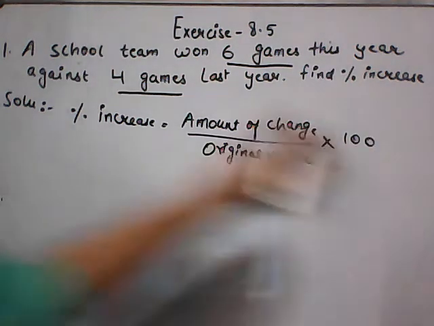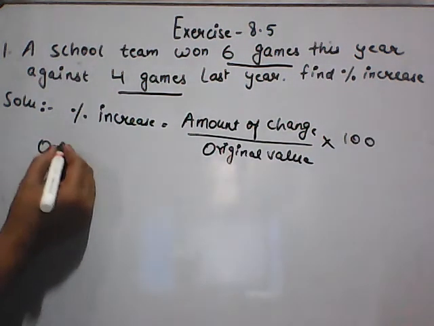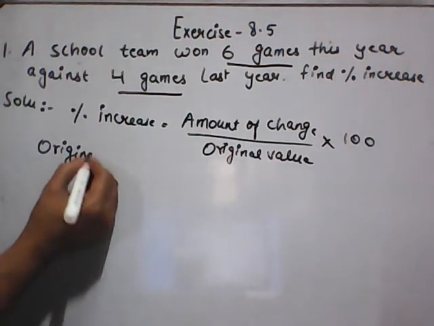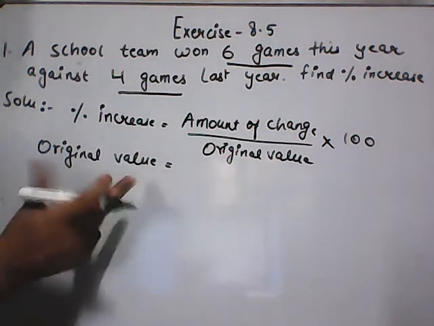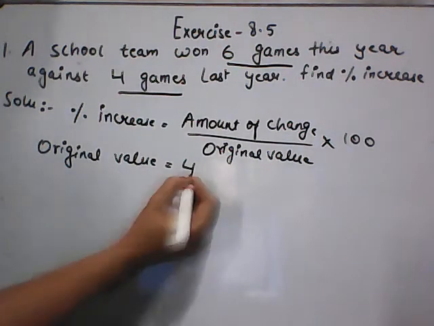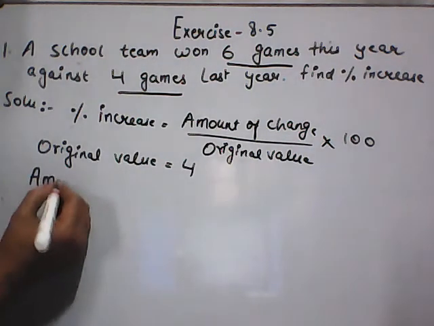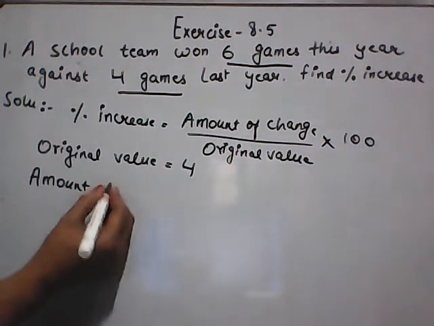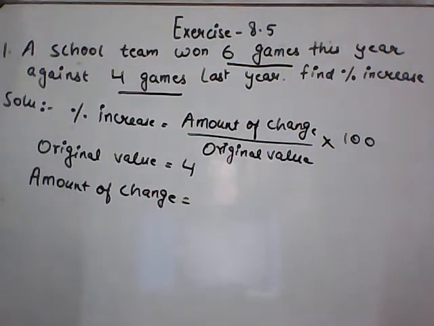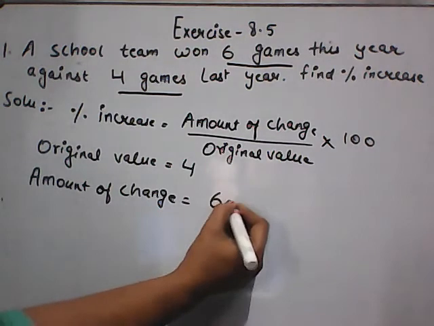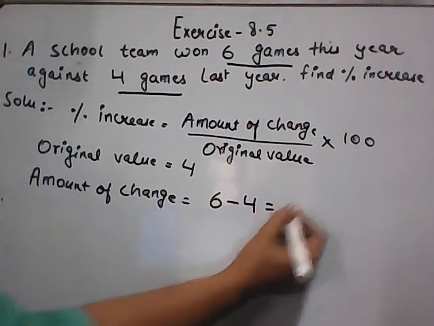Here original value, you can say old value, is 4 games. Now amount of change. Amount of change means difference between the original value and the new value. New value is 6 and the original value is 4. 6 minus 4 is 2.